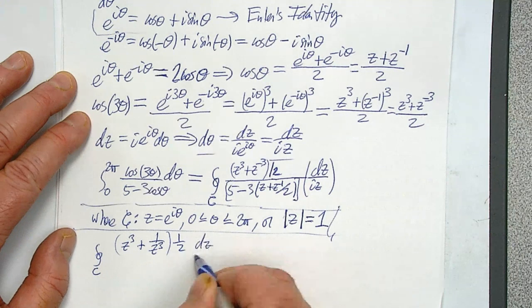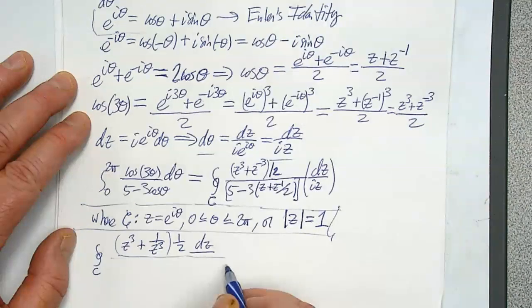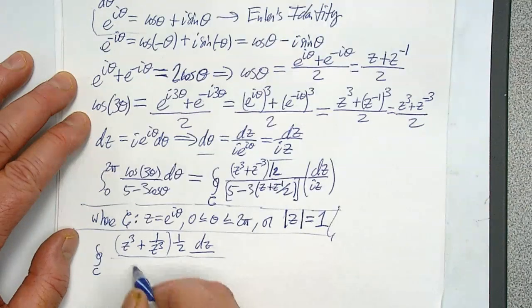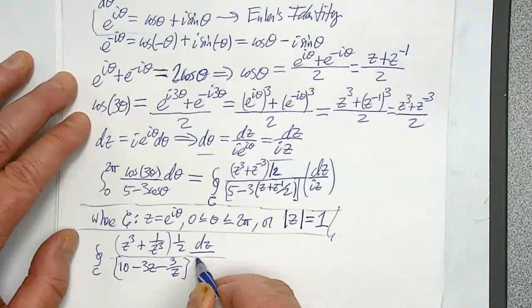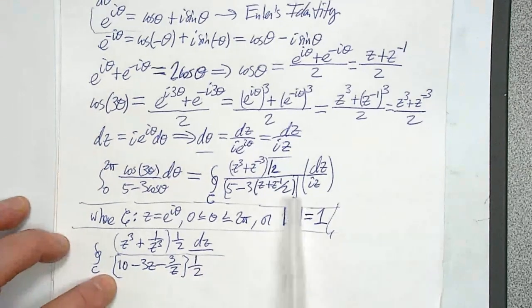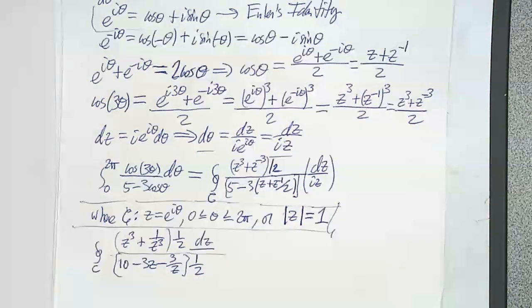And then here, maybe I can write it this way: 10 minus 3z minus 3 over z, and then all of this is multiplied by 1/2, and that would still give us what we have here. If you distribute the 1/2, you'd have the 5, and then you'd have all of this divided by 2. So that would be fine if we wrote it that way.